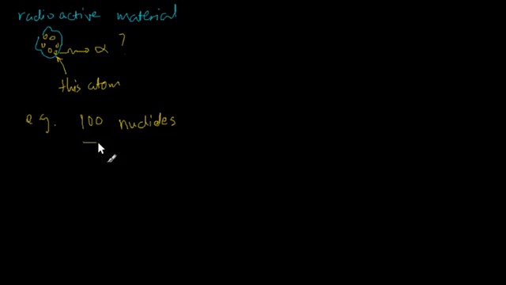If I look at this group of 100 nuclides, I might find that on average, every 1 second, let's say, one nuclide would decay or would emit an alpha particle. So one decay per second, for example, meaning that it can be any one of the 100 nuclides that decays.